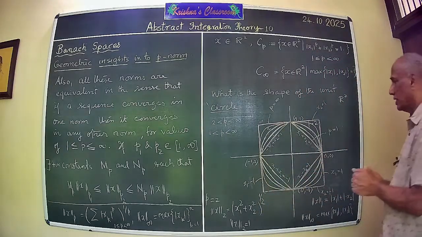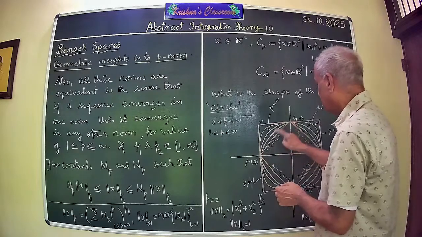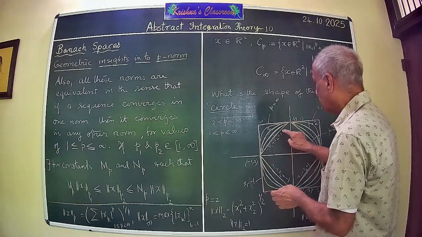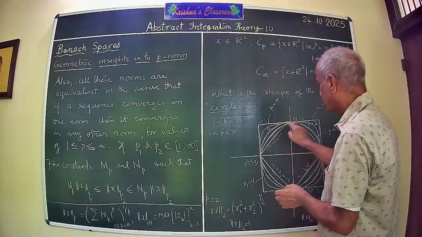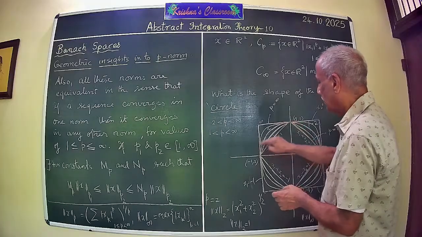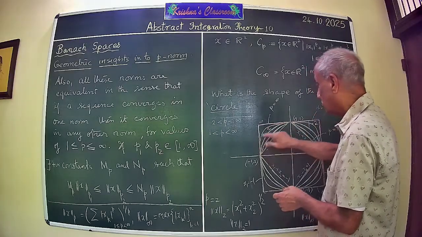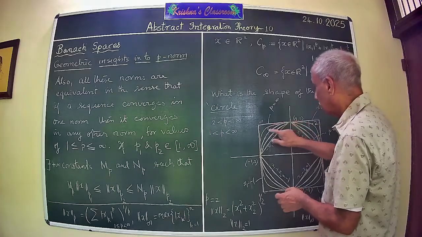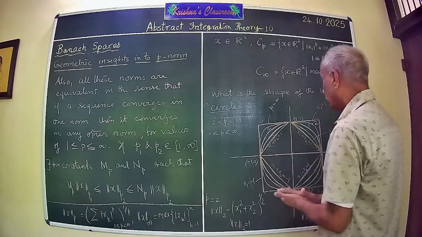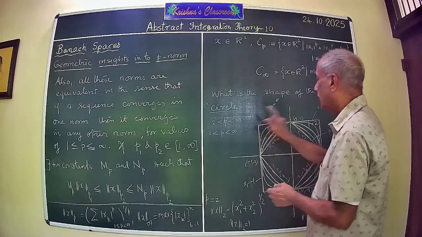Otherwise it lies between, p lying between 1 and 2 here, as I have marked with yellow one, and the orange one I have marked the one that is the boundary of the circle corresponding to value of p that lies between 2 and infinity.